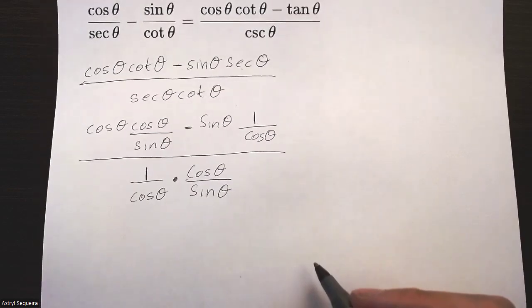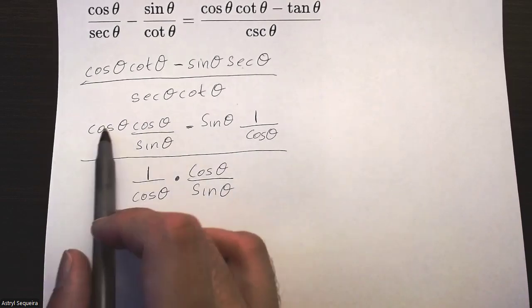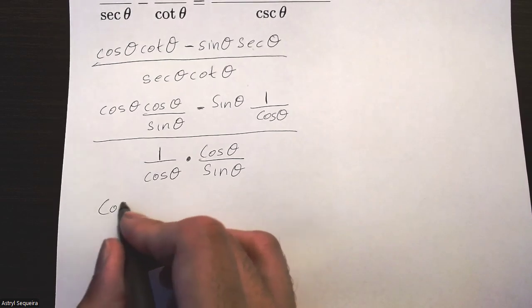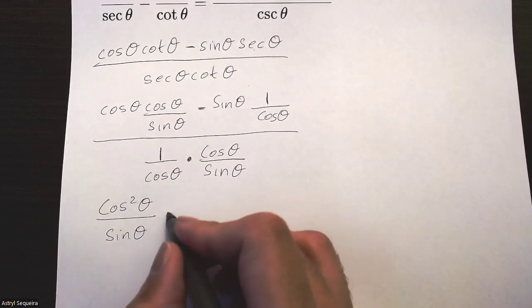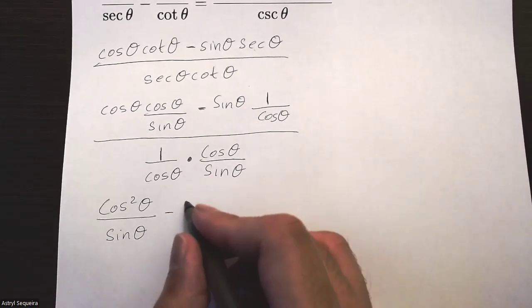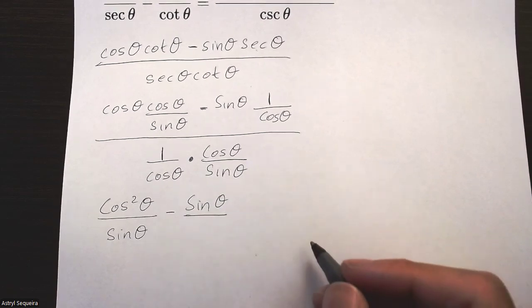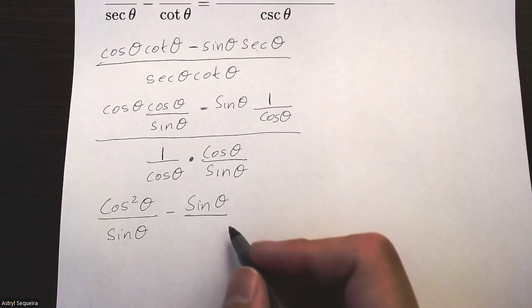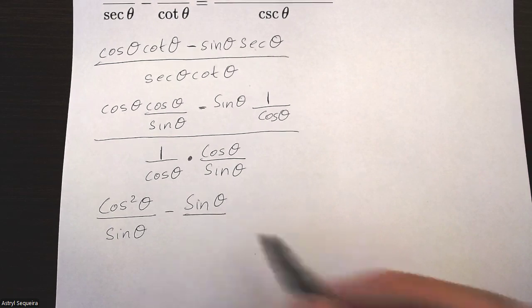Next, I'm going to simplify if possible. Over here, I can just do cos times cos is cos squared theta over sine theta. Over here, sine times 1 is just sine theta over... actually, you know what?